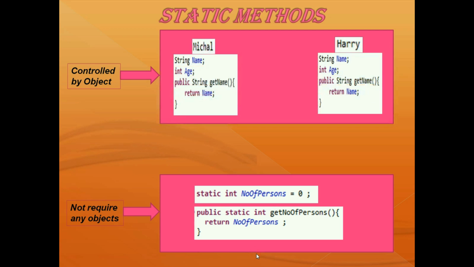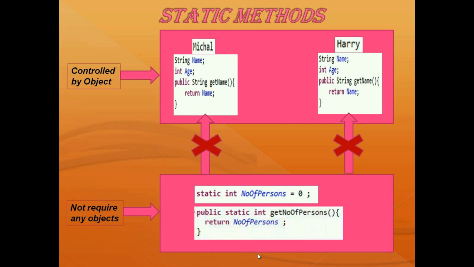So from normal methods, which work only with objects, you can call a static variable or static methods that do not require any objects, right? No problem. But the other way around, vice versa, is going to cause some problem, because at this side you require objects under all circumstances, but in this side here you don't require objects itself.